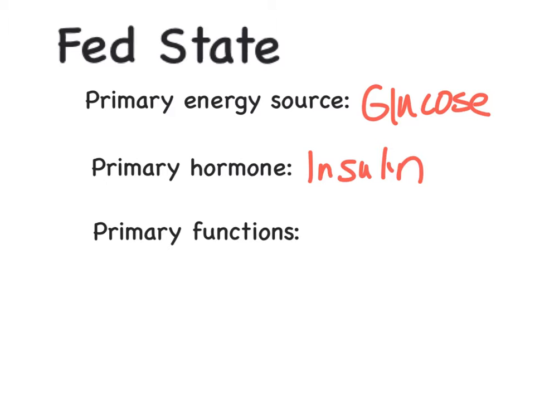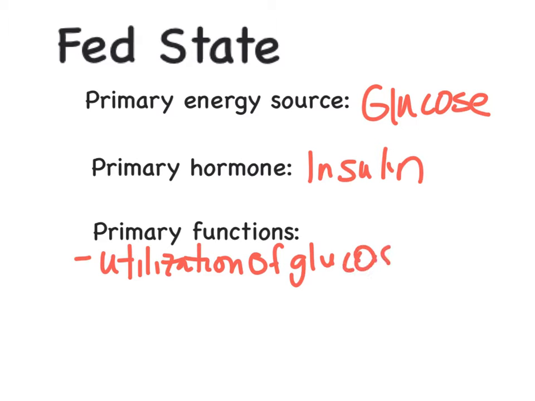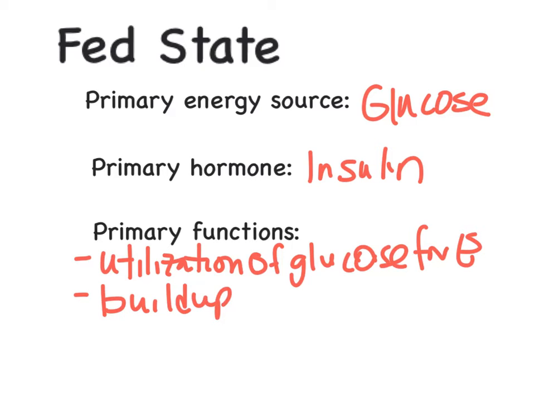This insulin is ultimately going to alter the activity of several key proteins that will result in the utilization of glucose as our energy source. It will also work on building up our energy reserves.